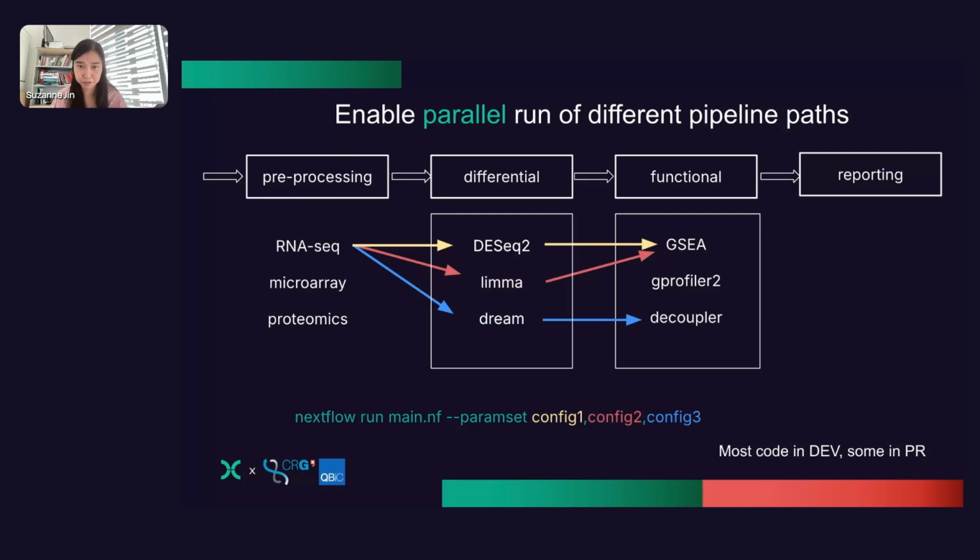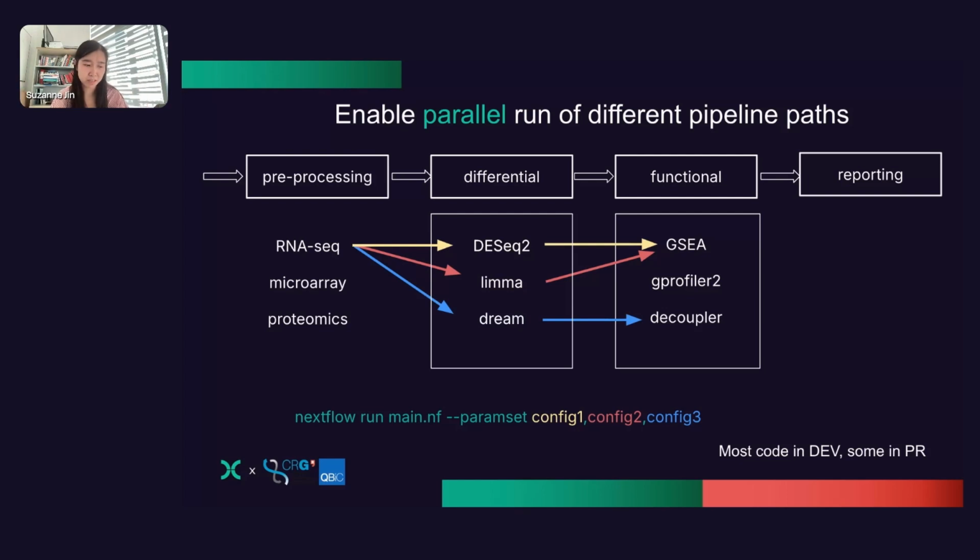This means that as a user, you can run your favorite tool, many different analytical alternative tools, or even different analytical paths that use different combinations of tools and pipeline parameters.